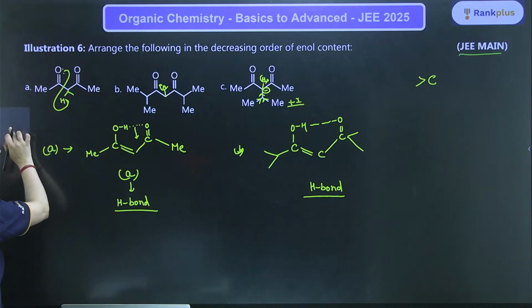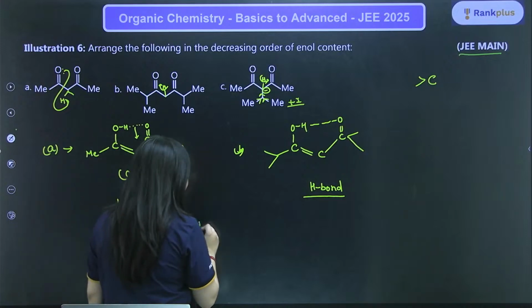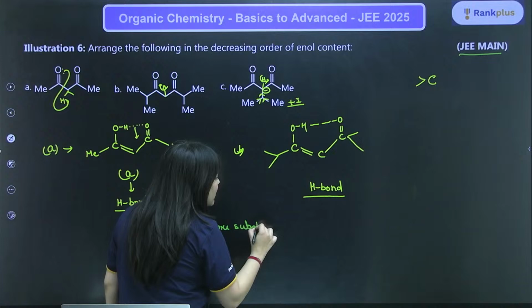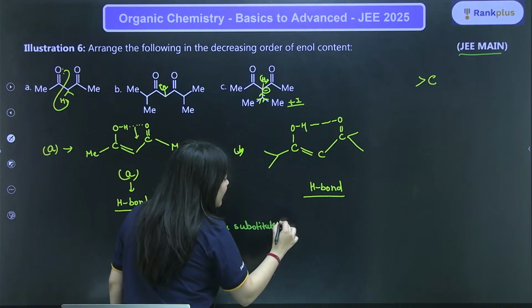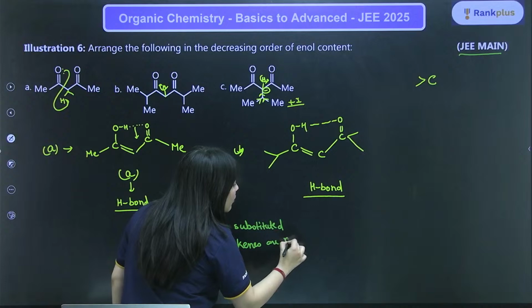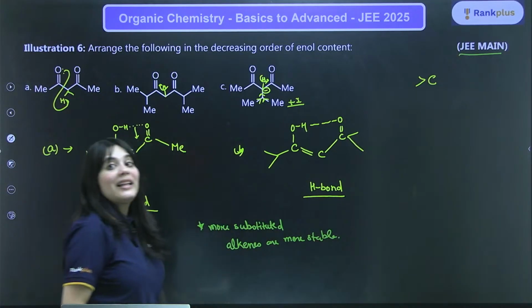Do you know what kind of alkenes are more stable? More substituted alkenes are more stable, right?